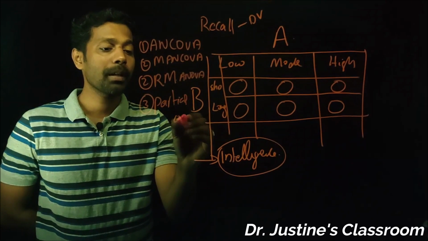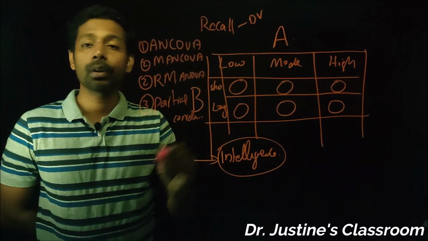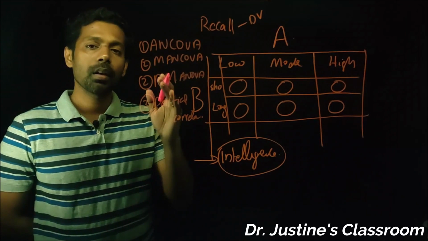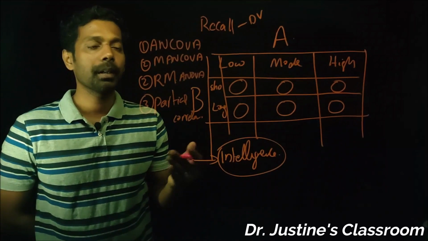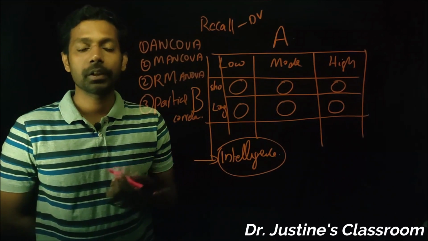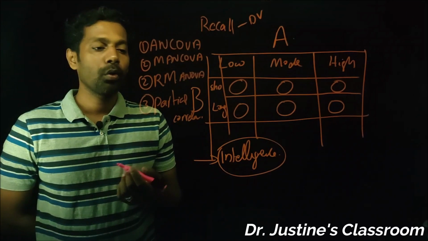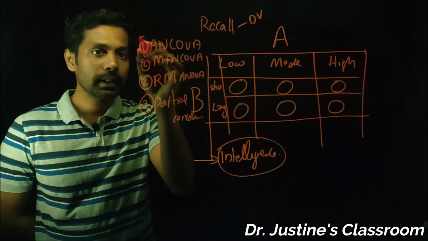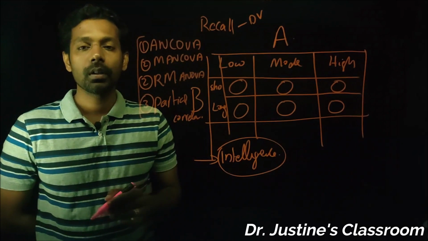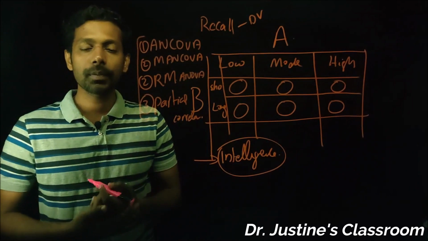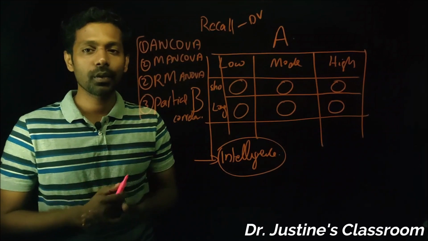So remember that if you want to control extraneous variable, the best way is to control it in the design itself. Something like blocking, randomization, matching, elimination. These kinds of methods can be used. Or if you cannot control the variable in the design, then you can use these statistical methods to control extraneous variable. Now we can see each question specifically to understand what they are really looking into.